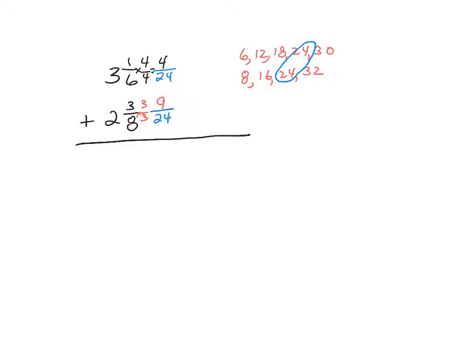Now I have fractions that have the same denominator, 4/24 and 9/24, which I'm going to add together, and I get 13/24, and 3 plus 2, my whole numbers, gives me 5. So the final answer to this problem is 5 13/24.